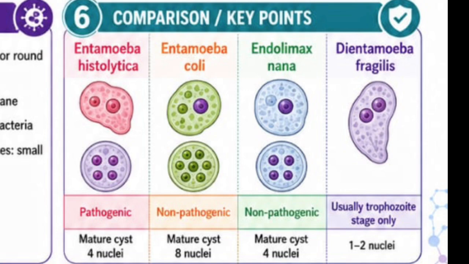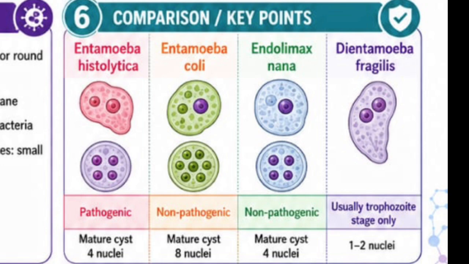So to compare them now, Entamoeba histolytica is bad for humans. They are pathogenic because if they enter the body of a human, they are very effective and damage the body, but the rest do not affect humans. Also Entamoeba histolytica and Endolimax nana have 4 nuclei, while Entamoeba coli has 8 nuclei, while Dientamoeba fragilis has 1 to 2 nuclei.